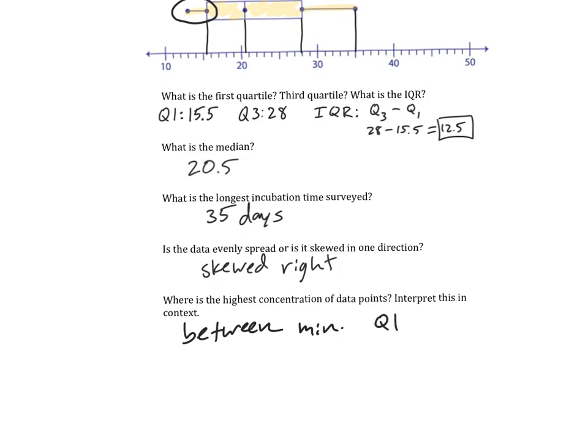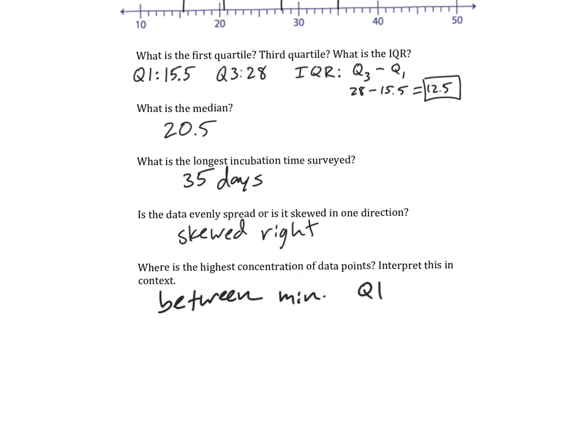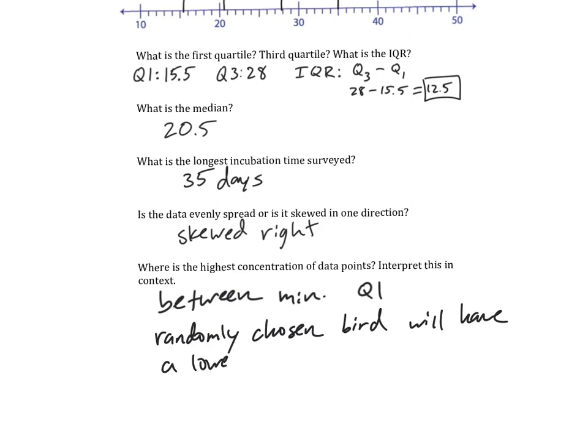And this in context means that it is more likely that a randomly chosen bird will have a small or lower incubation time. It's more likely that it will fall in that range.